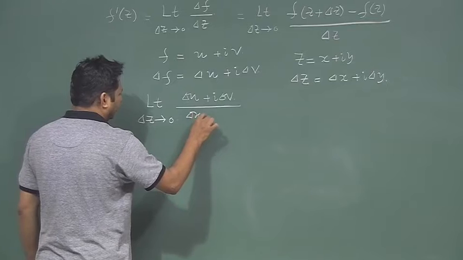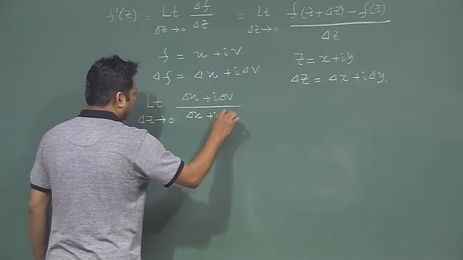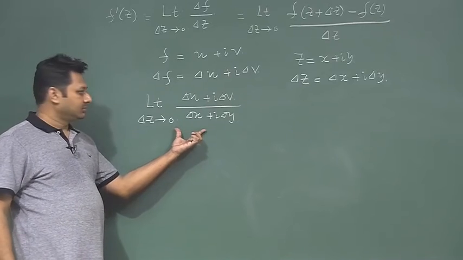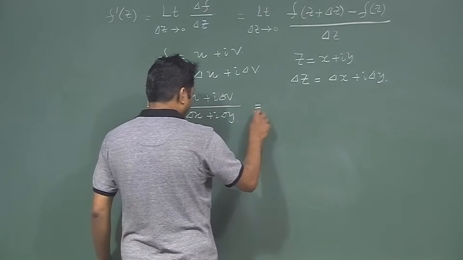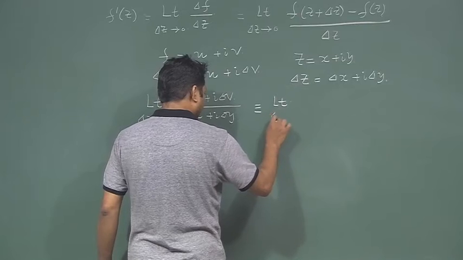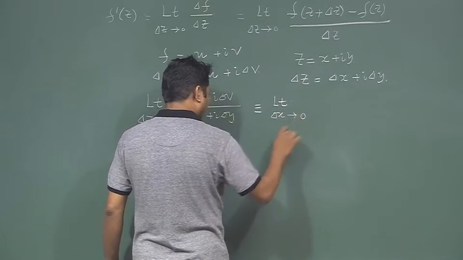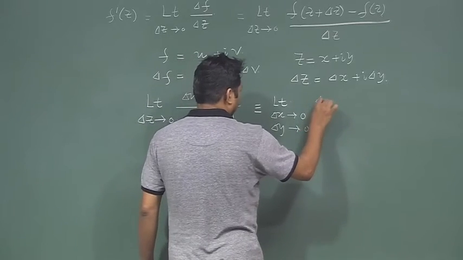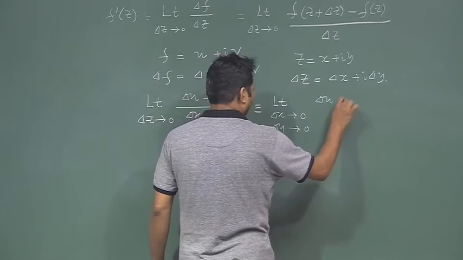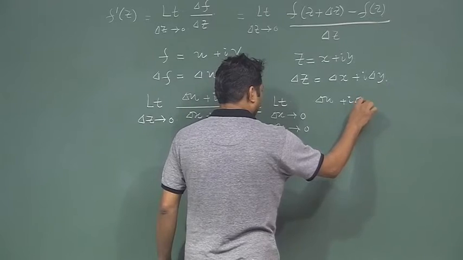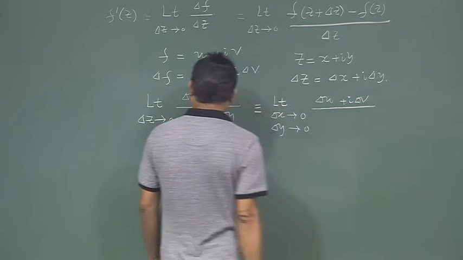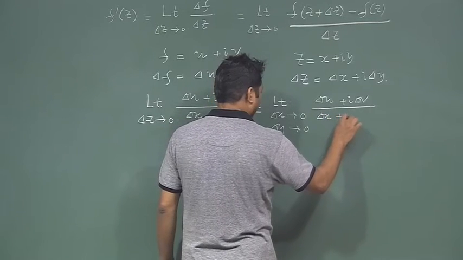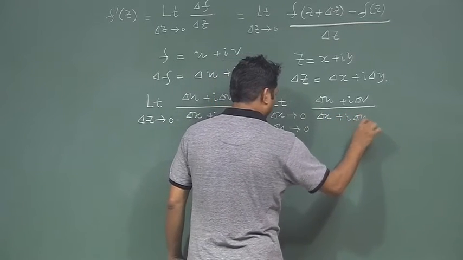So, delta of x plus i delta of y. This condition is equivalent to the limit delta x tends to 0, delta y tends to 0, of delta u plus i delta v divided by delta of x plus i delta of y.